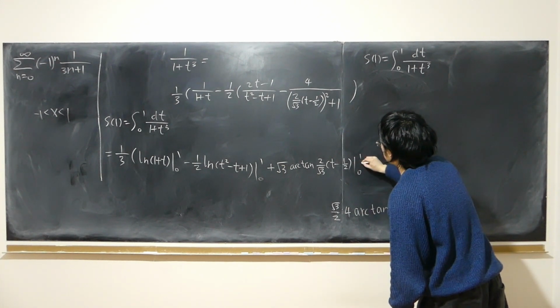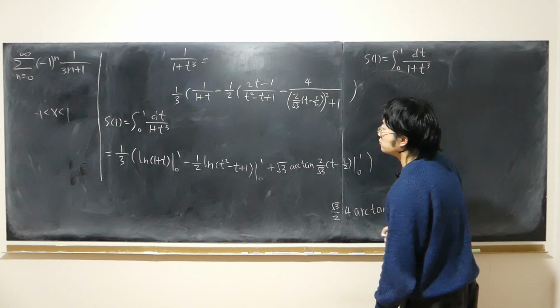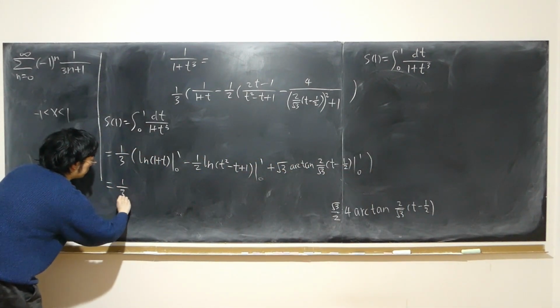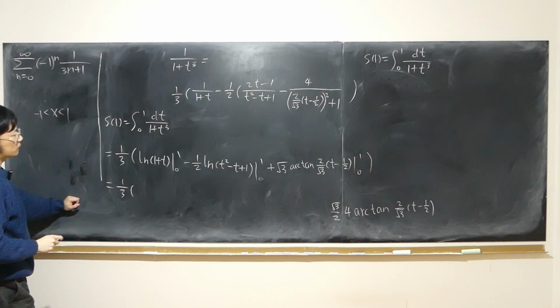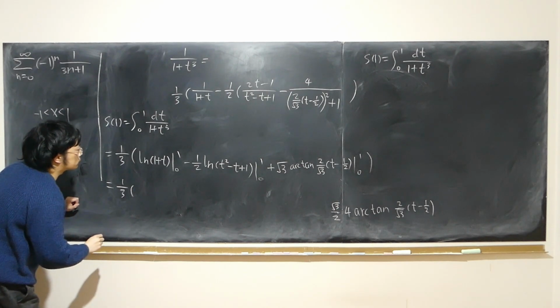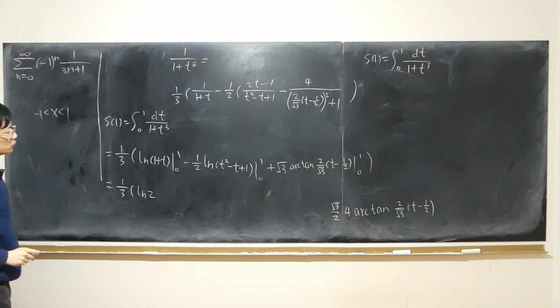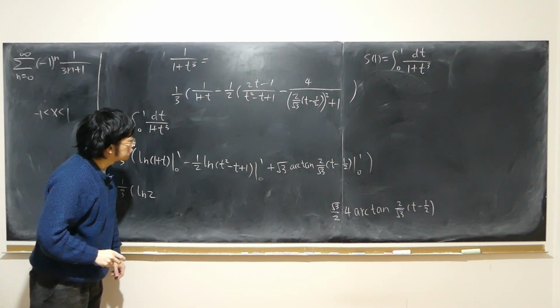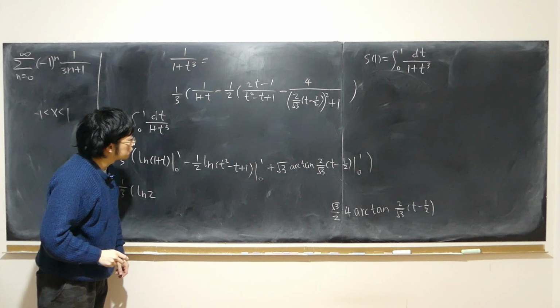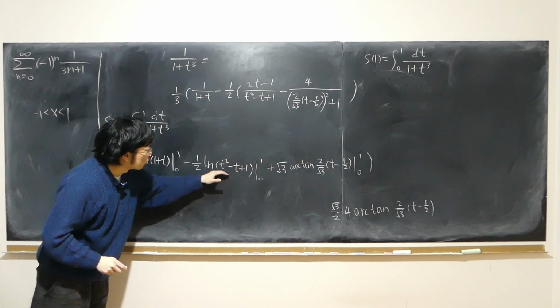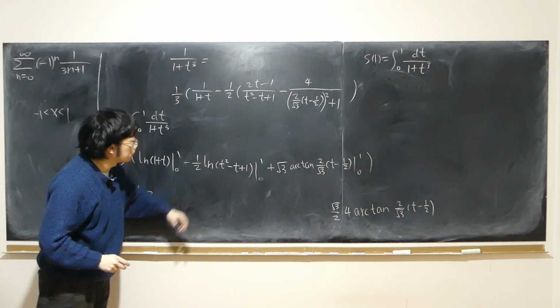Right, let's see what happens. So this one is easy. This one is log 2, because log 1 is already 0. This one is 1 plus log 1, which is 0. And also log 1, also 0, so this term is gone.